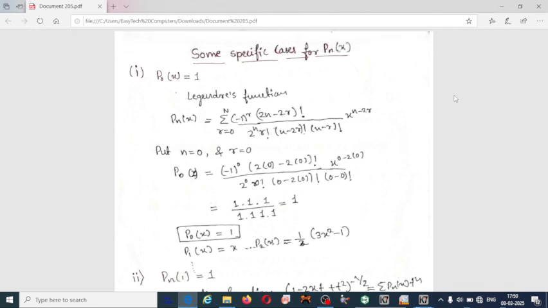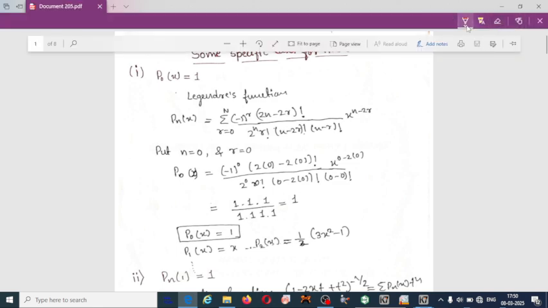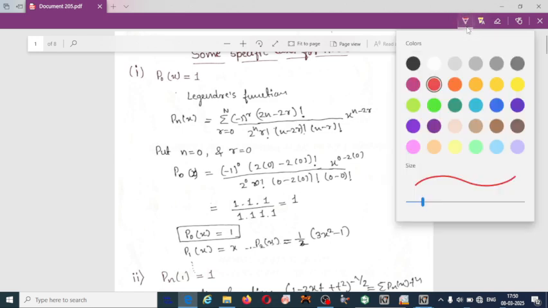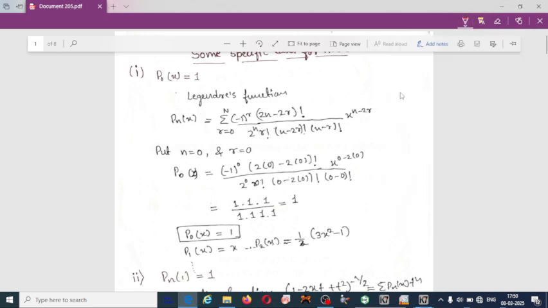Hello everyone. In this video I am going to explain some of the specific cases for Pn of x. That is, Pn of x is what? Legendre's function. Among the special functions, Legendre's function is one of the important ones.